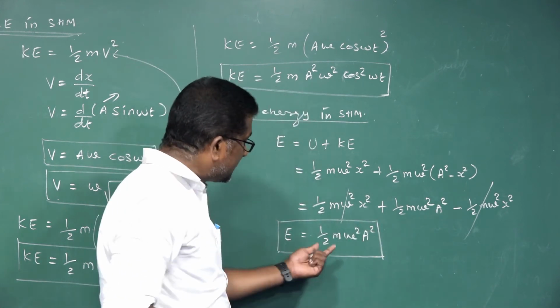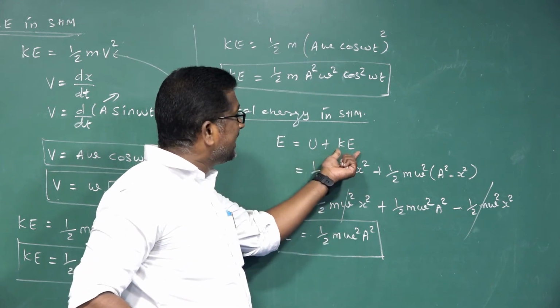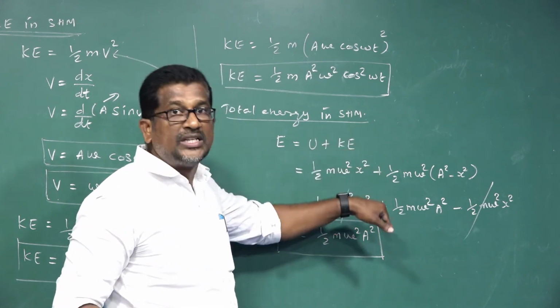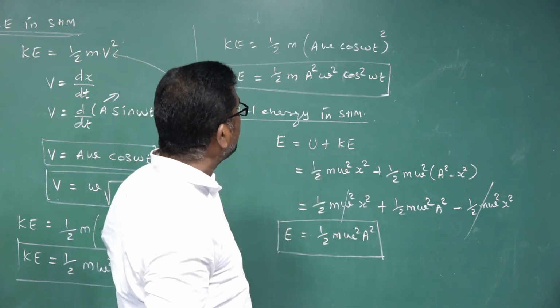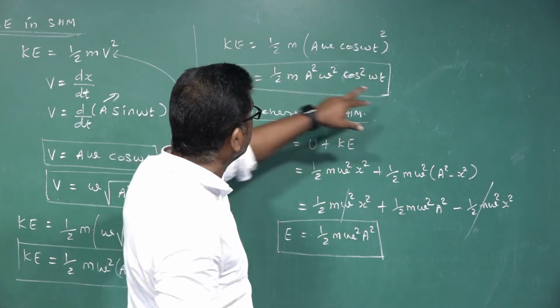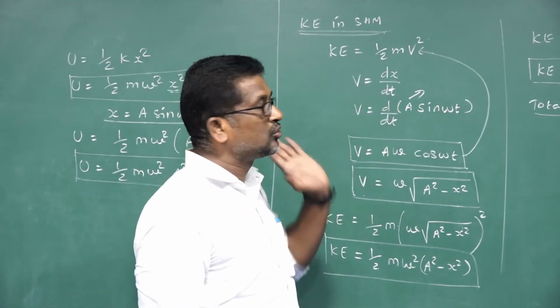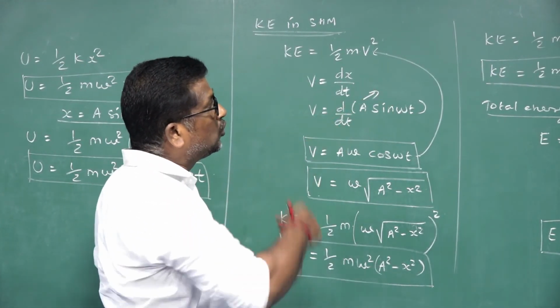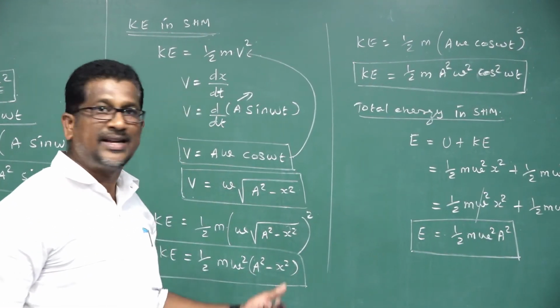So this equation is obtained from the potential energy and the kinetic energy of the particle in terms of displacement. Another two equations are also there, in terms of time period: kinetic energy in terms of time and potential energy in terms of time. By adding these two equations, again we get E is equal to half m omega square a square.